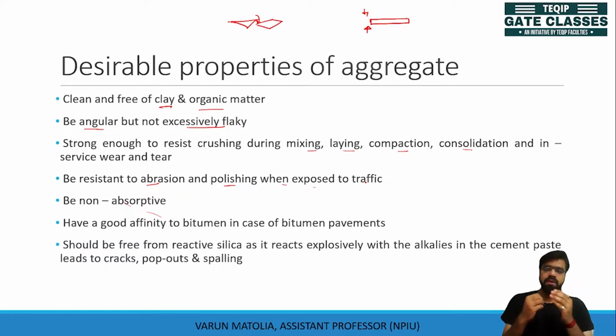Abrasion occurs when two different materials rub each other, and if there is any surface change, this means the material is soft. If the surface is good enough after the wear and tear, we say this material is hard. So we want the material to be hard. There should not be wear and tear while in service.